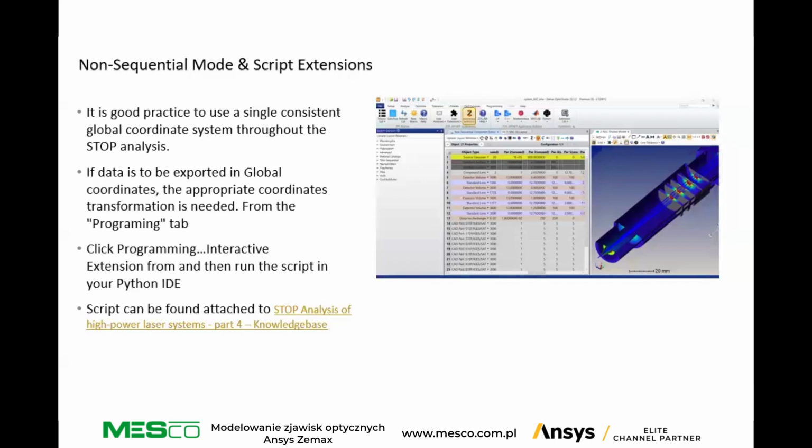And what we do is, in the Programming tab, we use the interactive extension and run the script. Interactive extension means that your Python or MATLAB or whatever script is making changes or working with the OpticStudio instance that you have open.